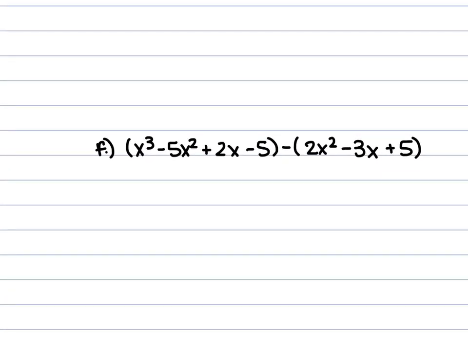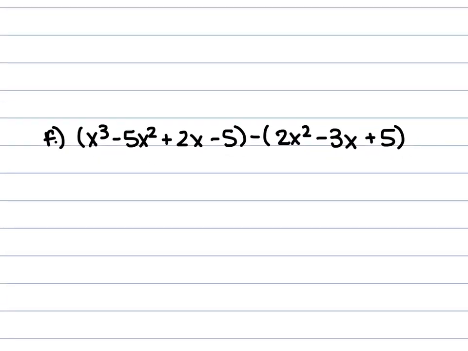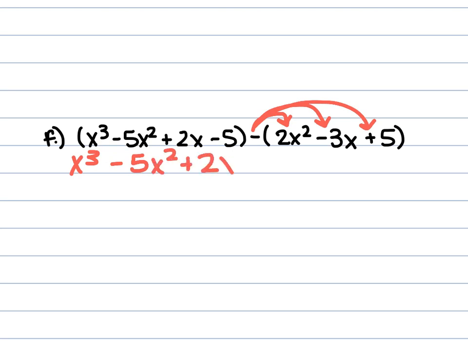For F, we have x cubed minus 5x squared plus 2x minus 5 minus the 2x squared minus 3x plus 5. So distribute that negative. We're going to be left with x cubed minus 5x squared plus 2x minus 5 minus 2x squared plus 3x minus 5.